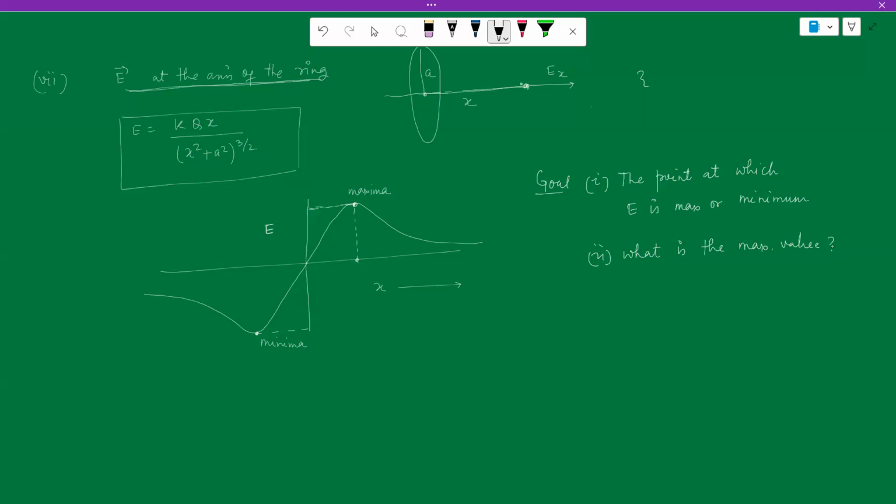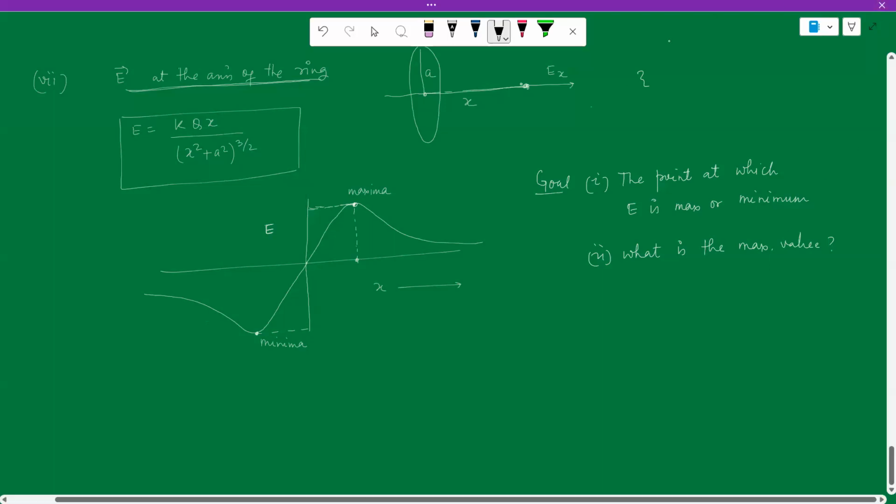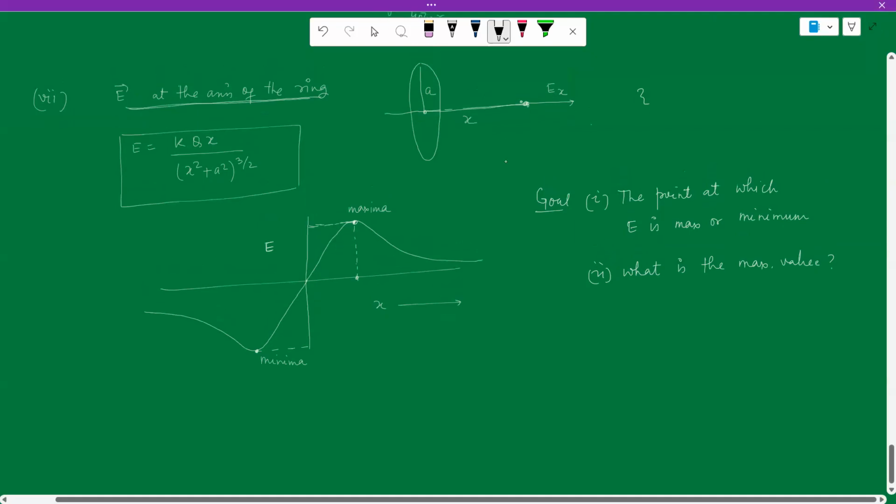And if you remember your 11th standard class, do you remember how can we maximize any function? How did we maximize the function? Do you remember? No, sir.